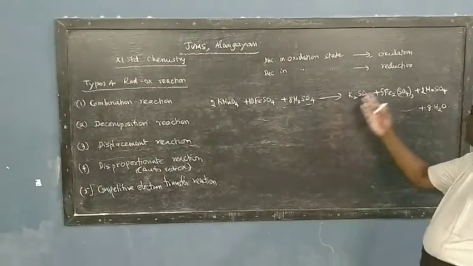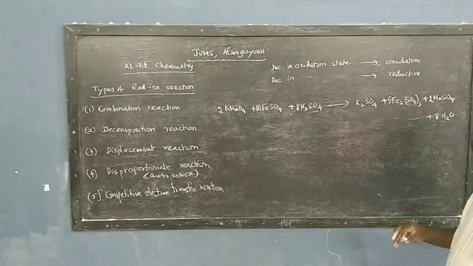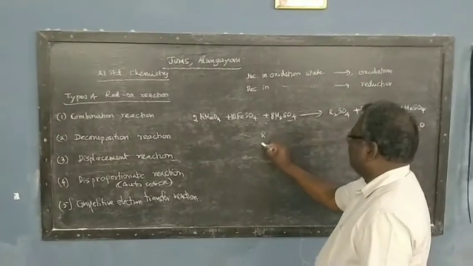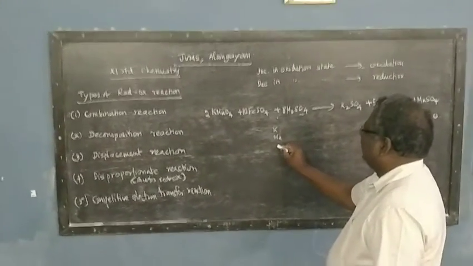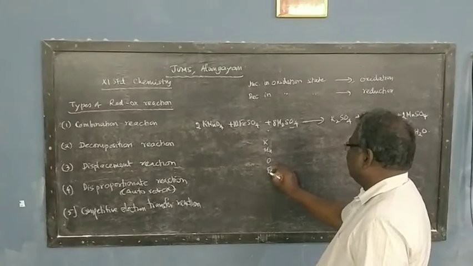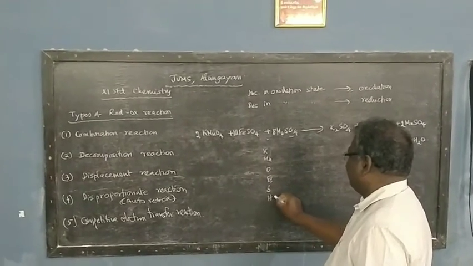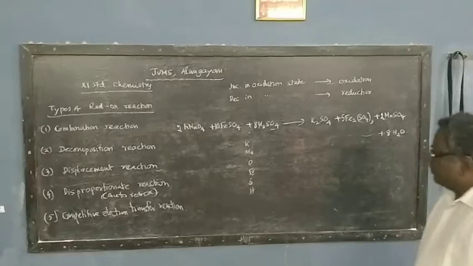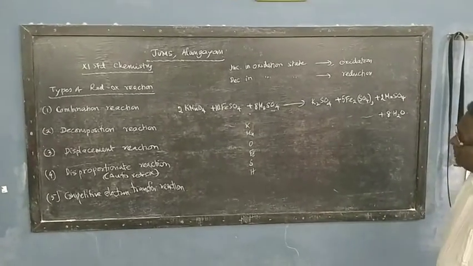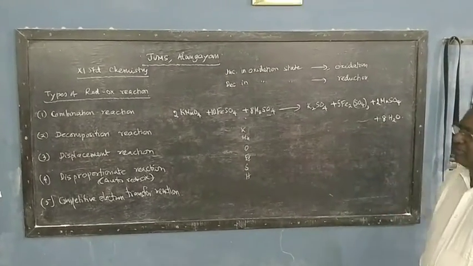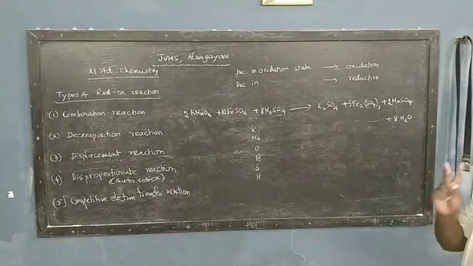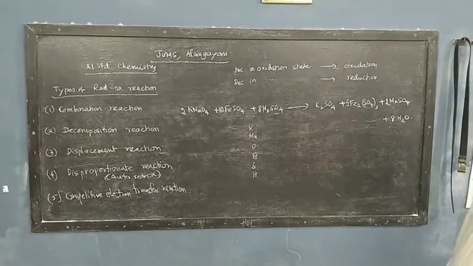Now, in this chemical reaction, we have got a number of elements. We got potassium, manganese, then oxygen, iron, sulfur, hydrogen. Right? So we have to identify which are the 2 elements involved in oxidation and reduction. In this, 2 elements undergo oxidation and reduction.